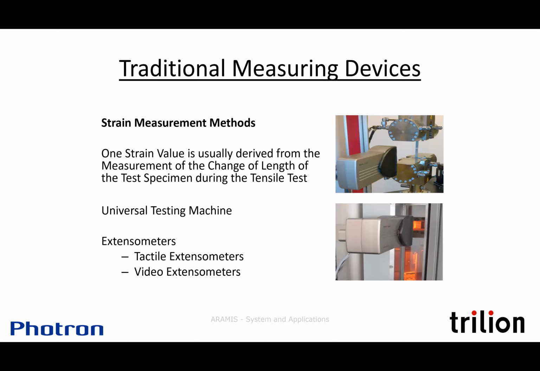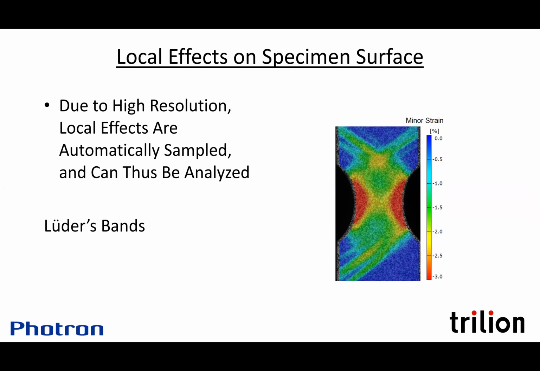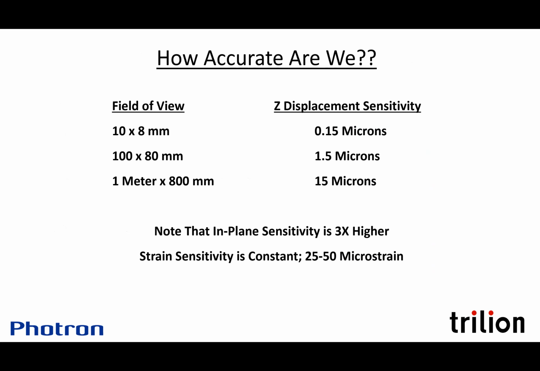More recently, there is a trend to doing video extensometers, but typically you're just getting data from a pair of points. Compare that to the DIC, we've got 5,000 virtual strain rosettes, so you're seeing that very local behavior. You're getting a lot more insight into things like material behavior. You're seeing Luders bands, shear bands, even much more than necking that I showed before. So that's why we do these optical measurements. We get a lot more data, and it's pretty easy and quick to get this data.